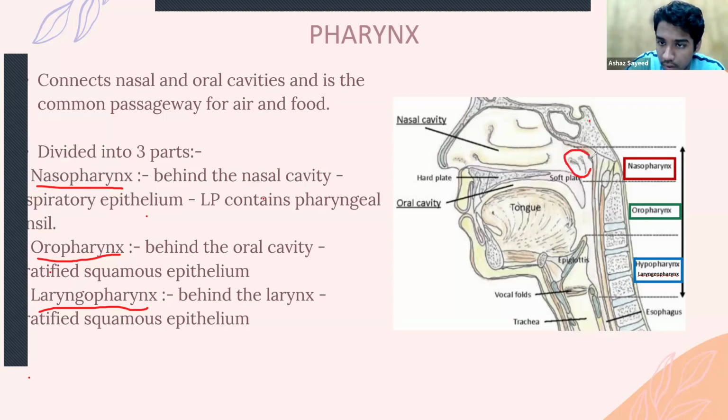Also, an important thing I forgot to mention, remember it: the eustachian tubes from the ear open in the nasopharynx. Just remember about the eustachian tubes. I don't think they asked anything from that as far as I remember, but just remember it.